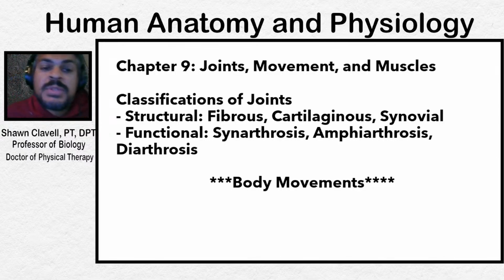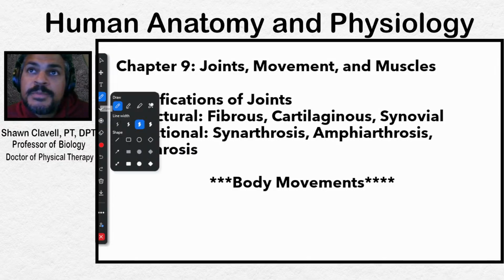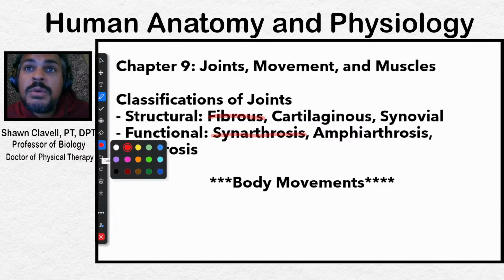Primarily, and we could start to annotate this a little bit, what we tend to see, with very few exceptions, is that, let's go highlighter here, fibrous joints are primarily synarthroses. Right, fibrous joints are primarily synarthroses. Two examples of those synarthrotic fibrous joints are your gomphosis and the sutures of the skull.